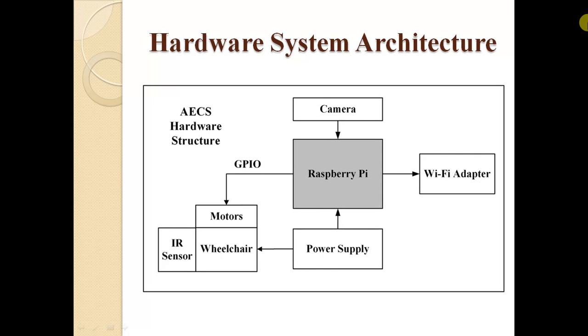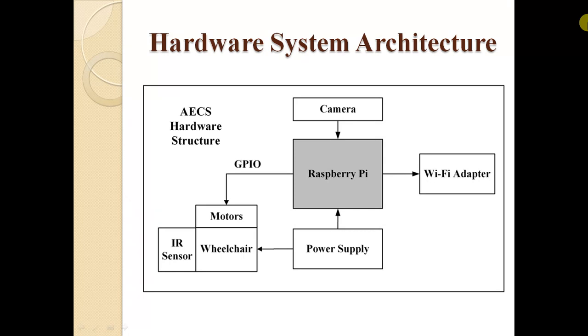Next is hardware system architecture. This is based on what structure is to be implemented and what type of hardware components are required. For example, if we want to design a half adder, then that half adder requires an XOR gate and an AND gate.